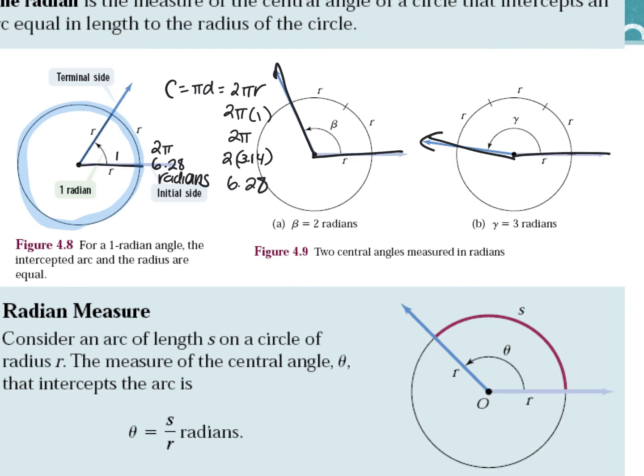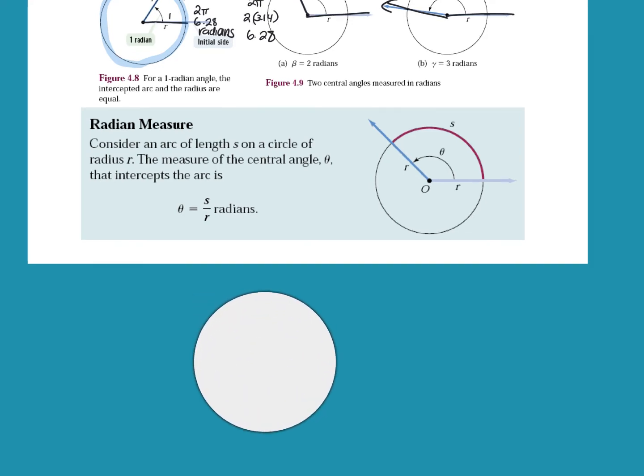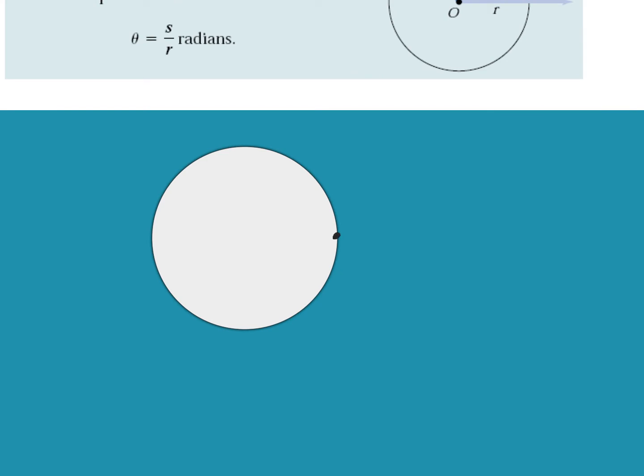So in my opinion, the easiest way to do it is to go all the way around your circle. So if I draw a circle, and I start at my initial x and I go all the way around, this is 6.28 radians. We just said that, right?